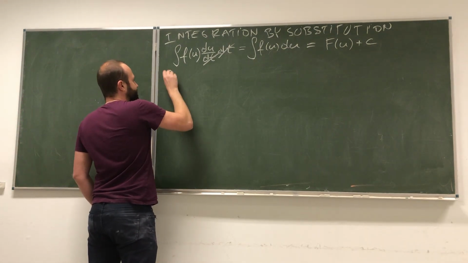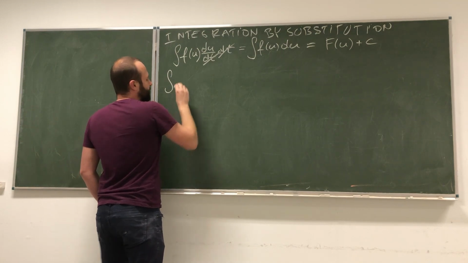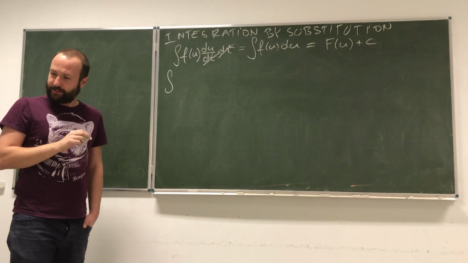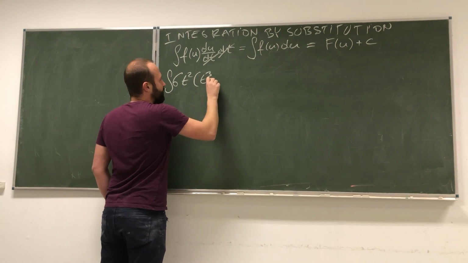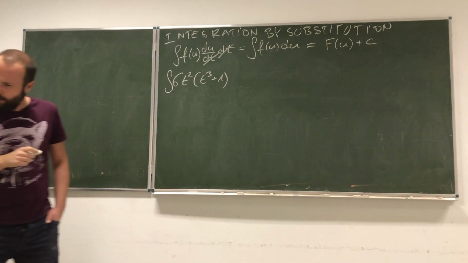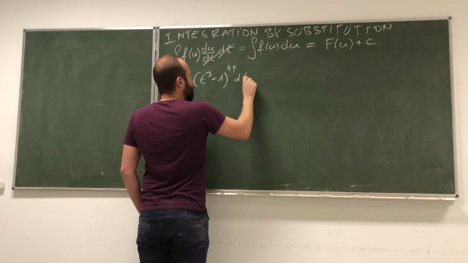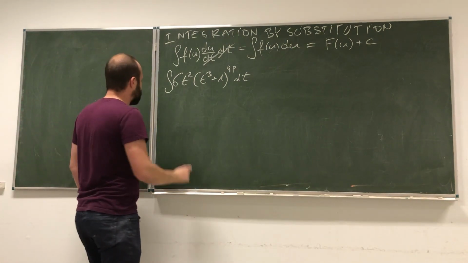Okay, so look, here we have a rather troubling expression, integral of 6t squared times t to the power of 3 plus 1 to the power 99 dt. Well, clearly this is a complicated case unless we use integration by substitution.